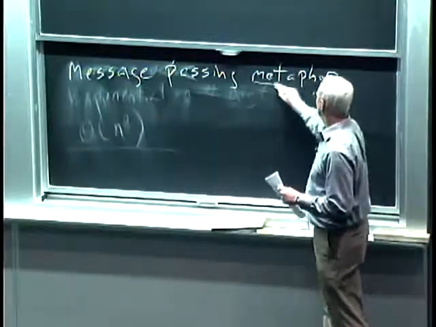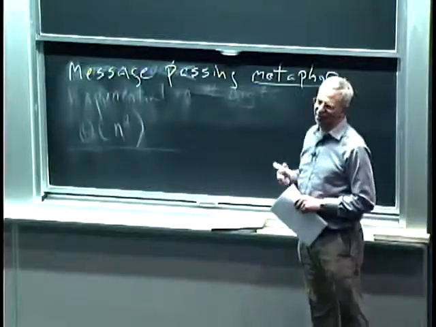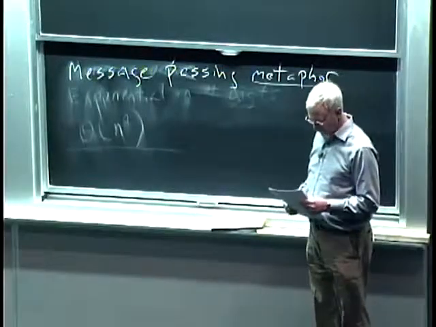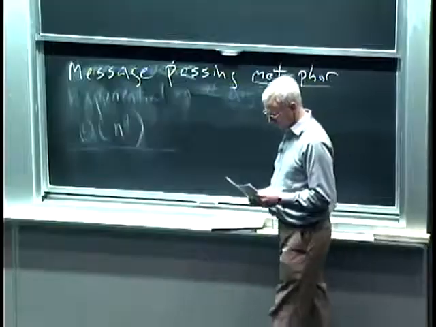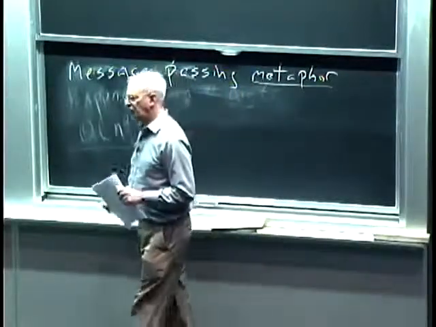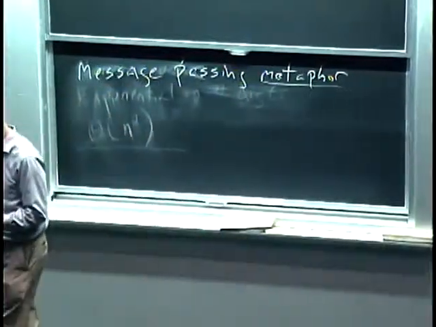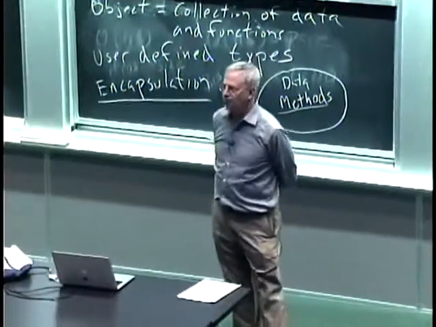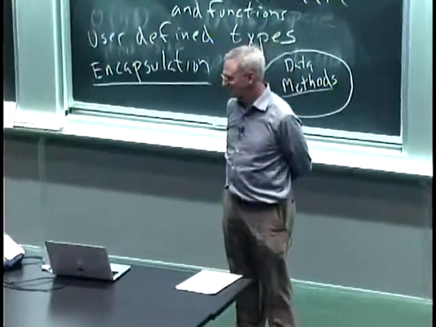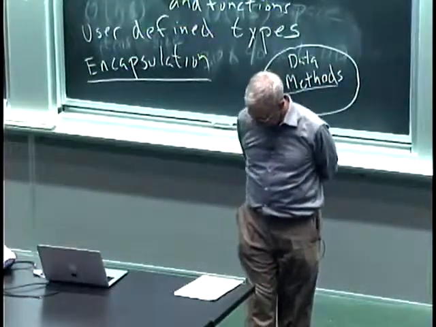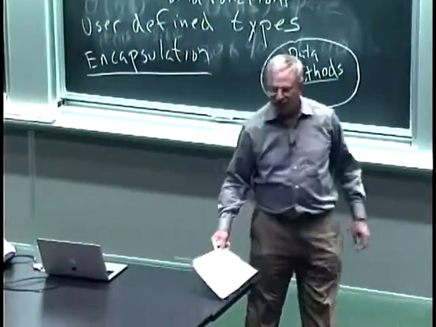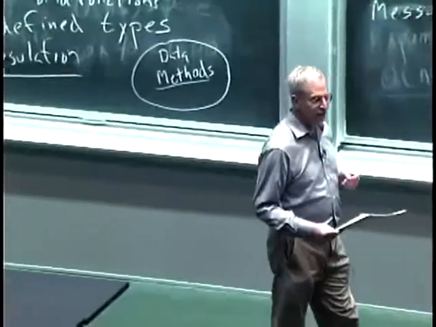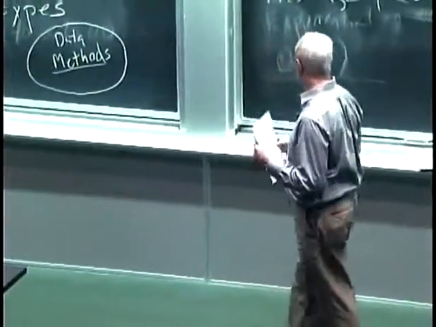I want to mention it's just a metaphor, just a way of thinking about it. It's not anything very, very deep here. So the way people will talk about this is one object can pass a message to another object, and the receiving object responds by executing one of its methods on the object.